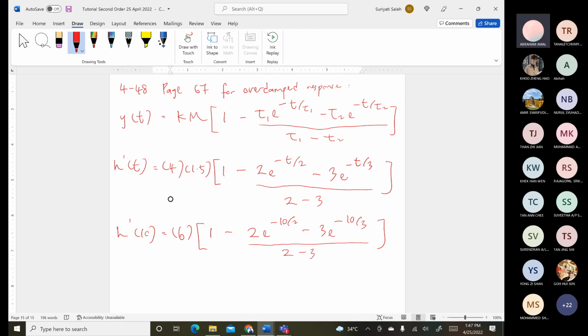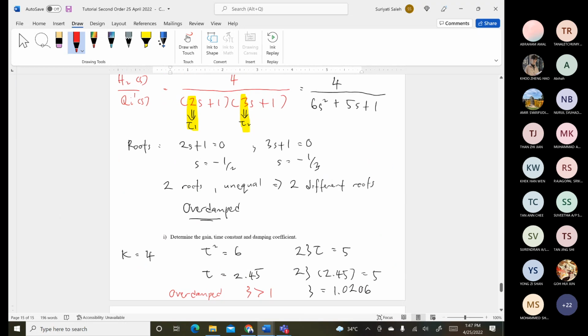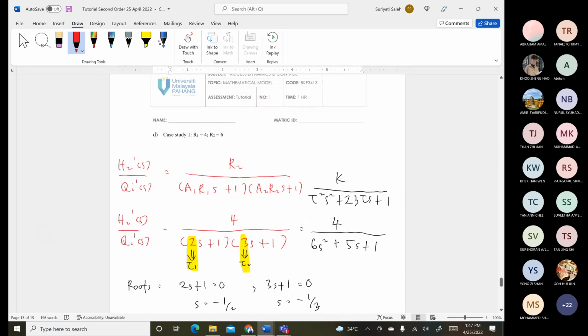Doctor, in this question, the R2 value is given as 6, so we have to consider that 6, right? The R2 value in this case should be 6, not 4, right?